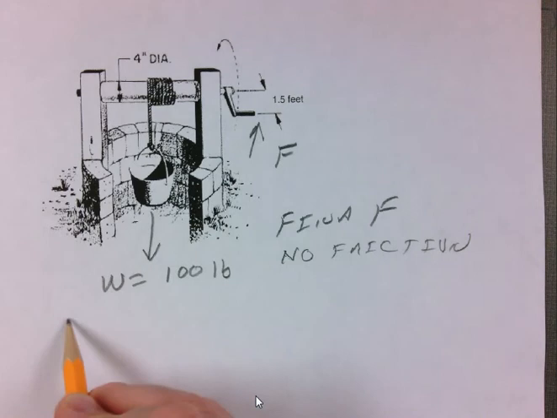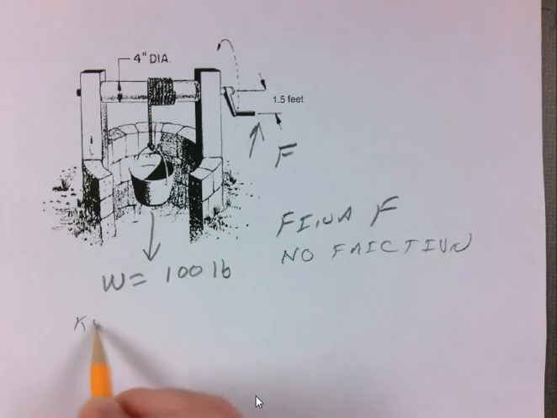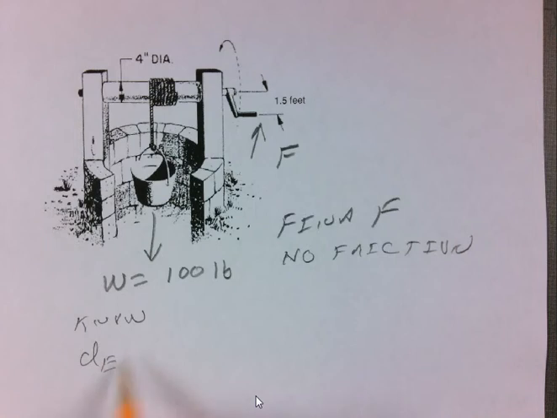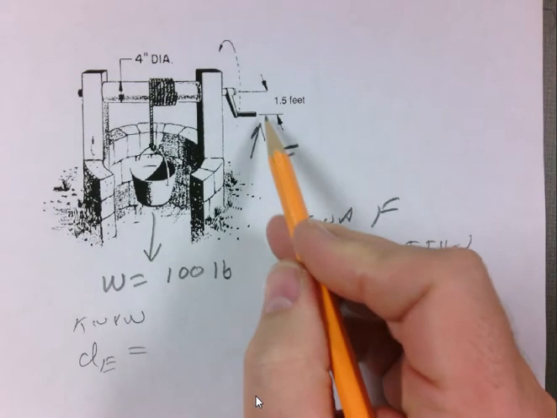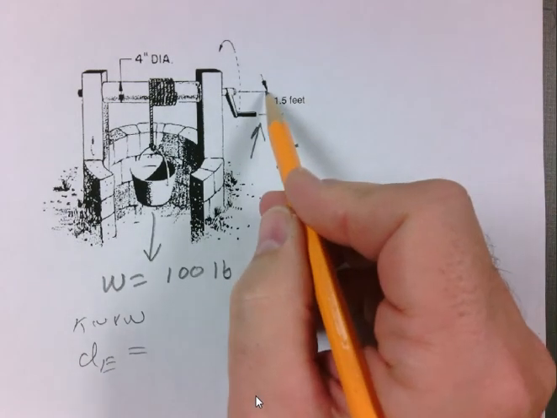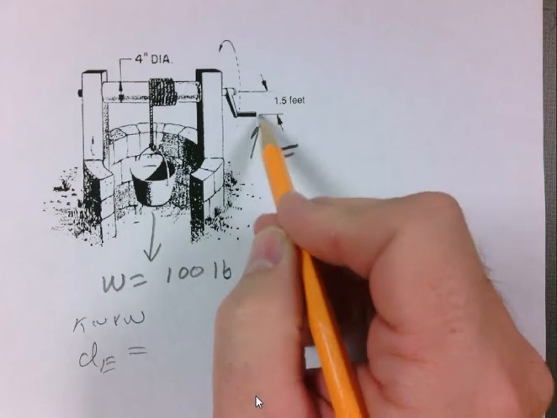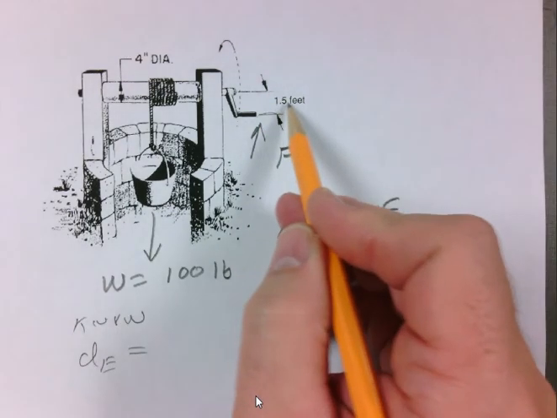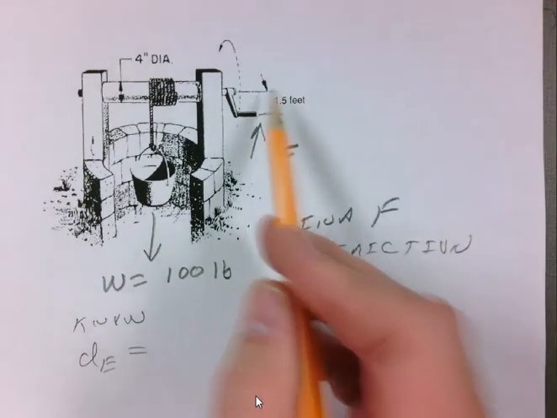So let's write down what we know. We know that the dE, our effort, from here to here is 1.25 feet. Now what is that?